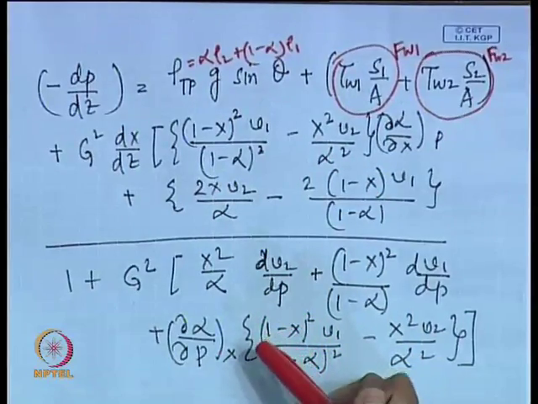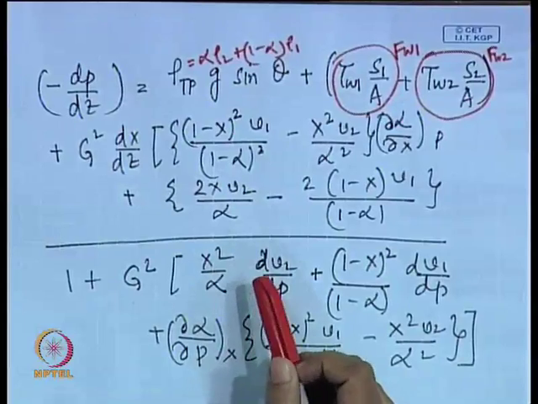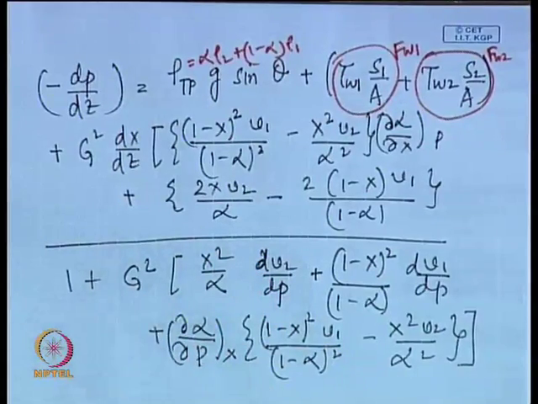Now, we can derive these equations by analyzing each component separately, but usually the physics is not very well understood. So, when we do not understand the physics, we take a large number of data and try to develop empirical correlations.